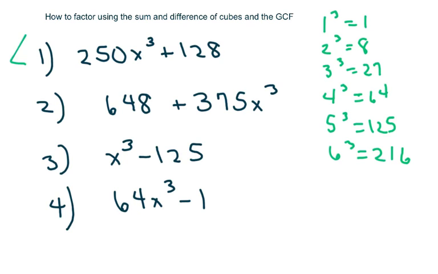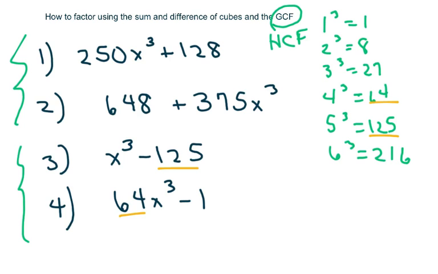The first two are the harder ones because we have to use the greatest common factor, or IB would call it the highest common factor. And the last two are the easier ones. So you notice here that you already see the cubes right in here. You see the 64, but these you don't.